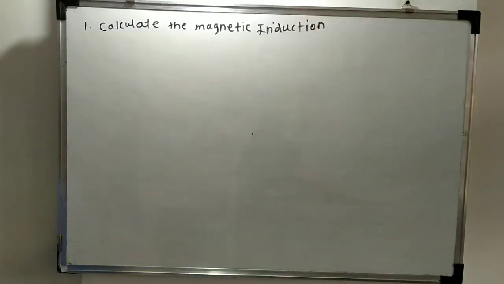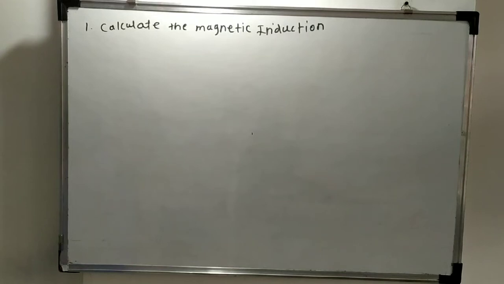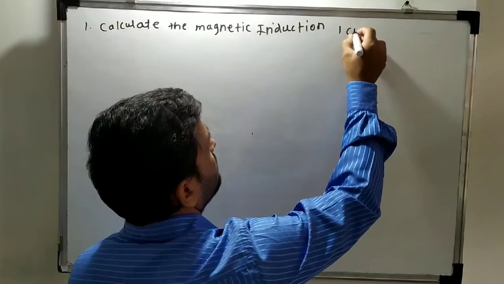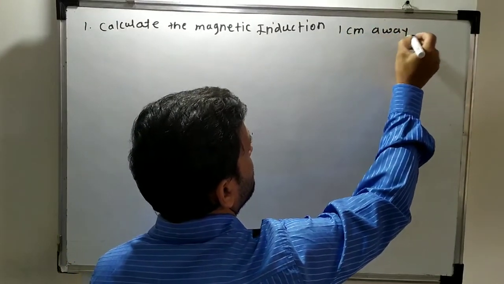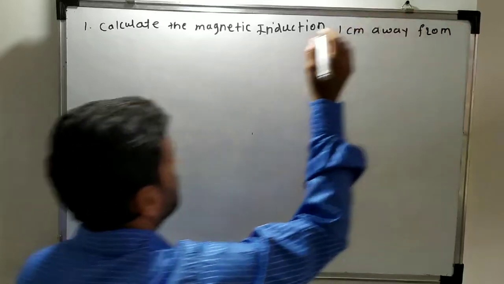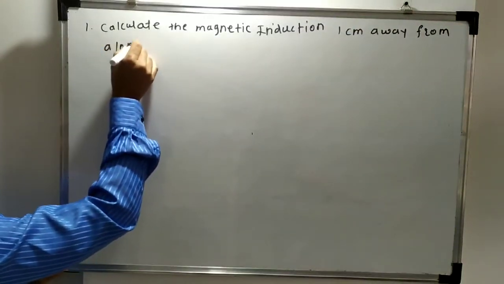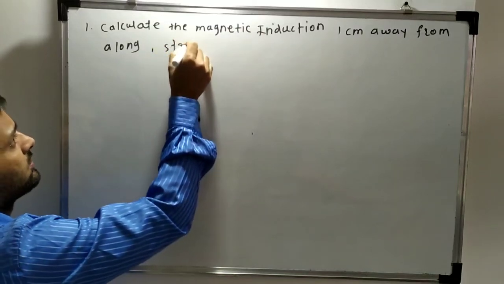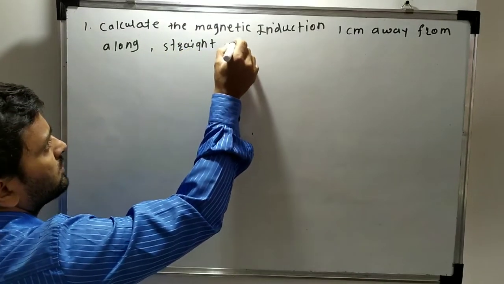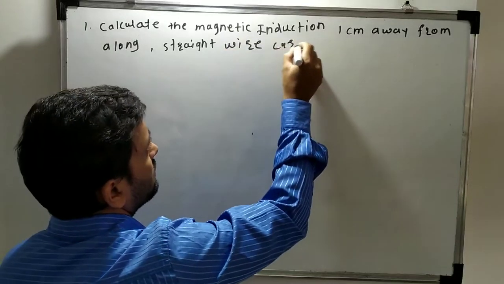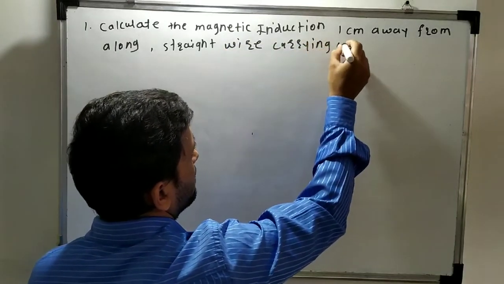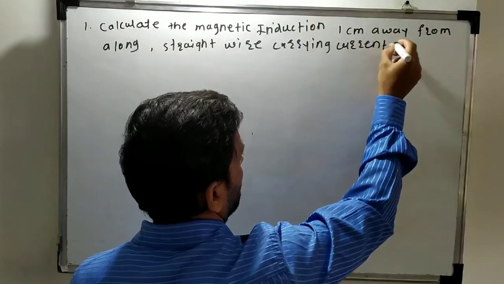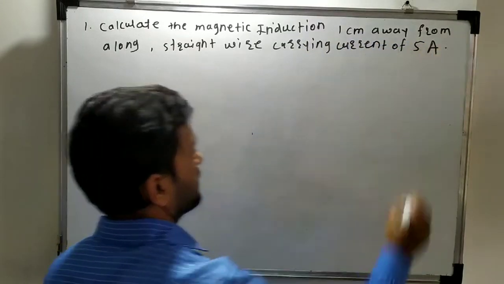Here we are going to determine the value of B 1 centimeter away from a long straight wire carrying a current of 5 ampere.